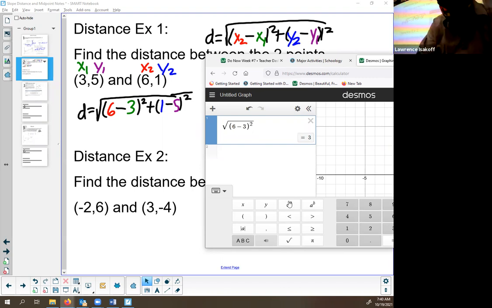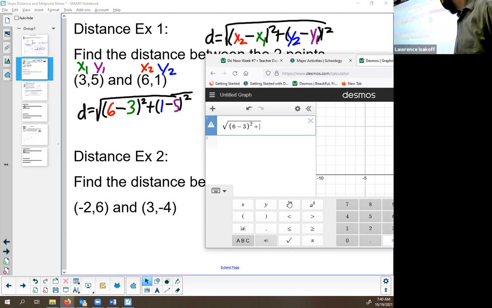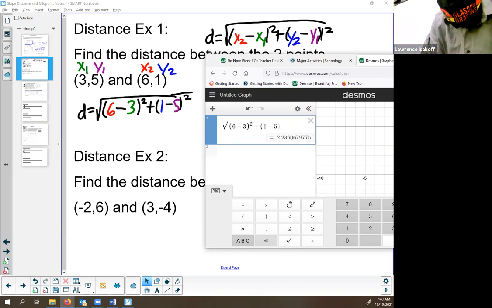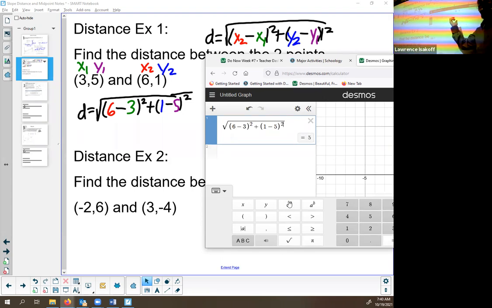It doesn't matter. Plus, that says parentheses 1 minus 5, close parentheses, and square it. So we did all that, and we get 5. So the distance between those 2 points is 5 units.